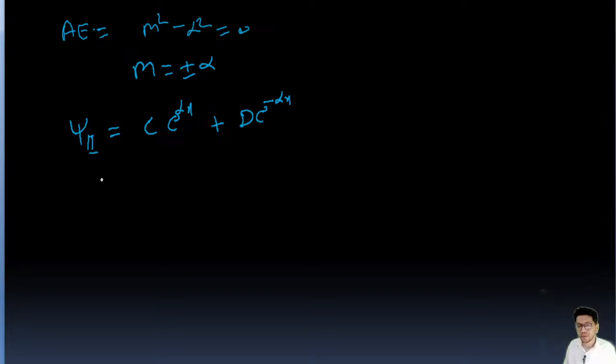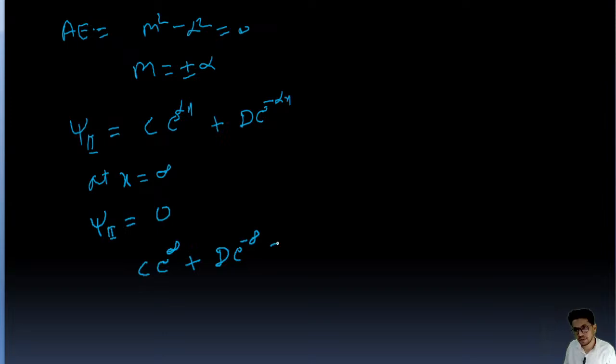Now at x equal to infinity, psi should be 0, right? It must be 0 at x equal to infinity. So psi 2 should be 0, so we'll write at x equal to infinity: c e to the power infinity plus d e to the power minus infinity equal to 0.